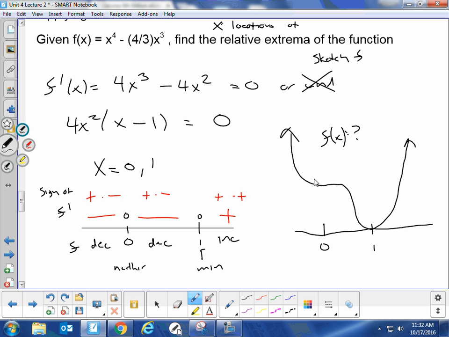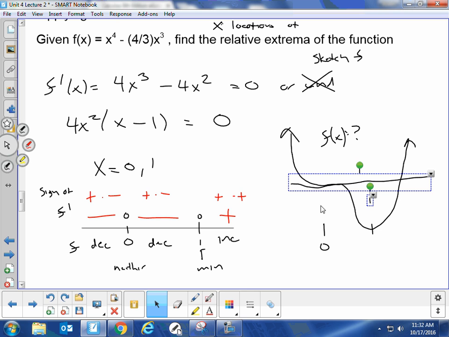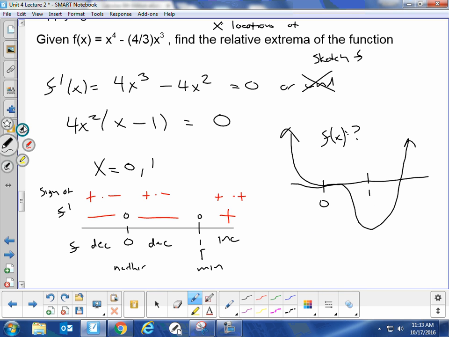This is actually going to be 0, 0. Right? Because if I plug in 0, I get 0. If I plug in 1, I got 1 minus 4/3. So that's negative 1/3. Okay? Pretty cool.